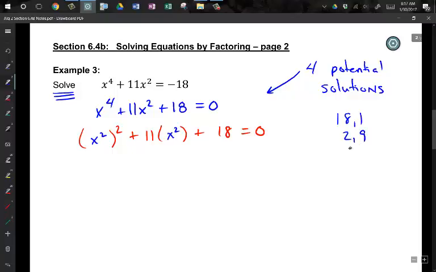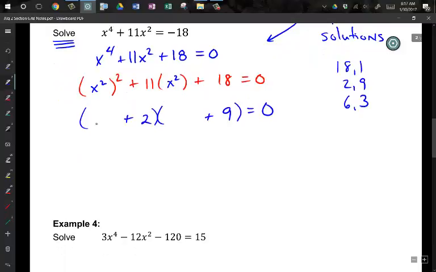What else? 6 and 3. Which of those combine to 11? 2 and 9. What are my signs? Plus and plus. And what goes in the front of each one? x squared.